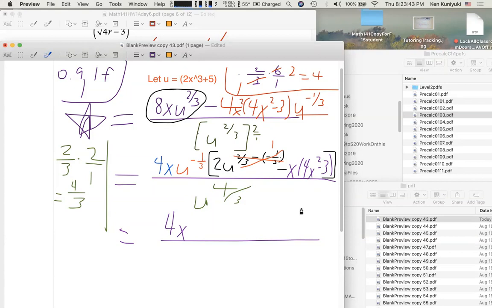So now we're good, right? Okay. So let's clean this up. 4xu to the, I think I'll go back to blue.